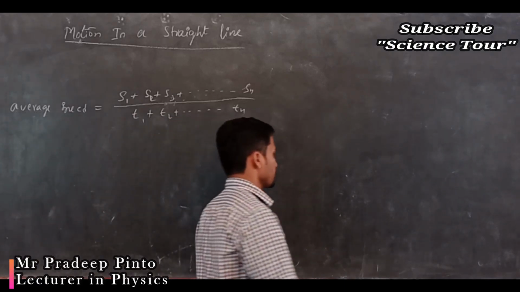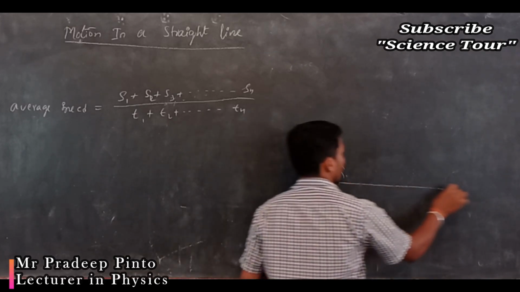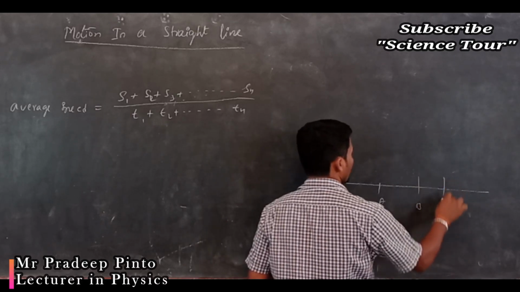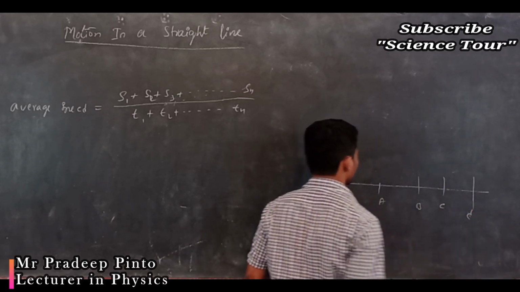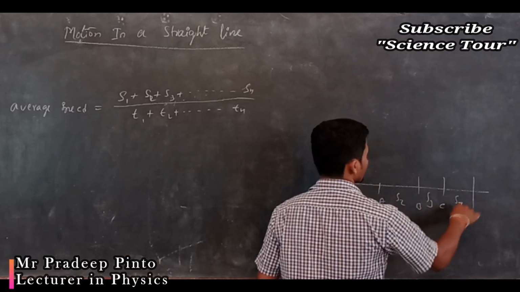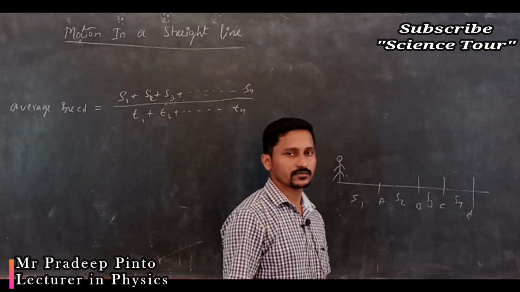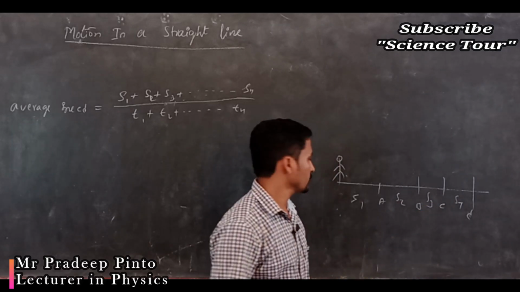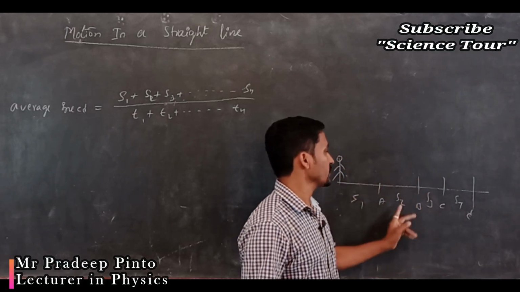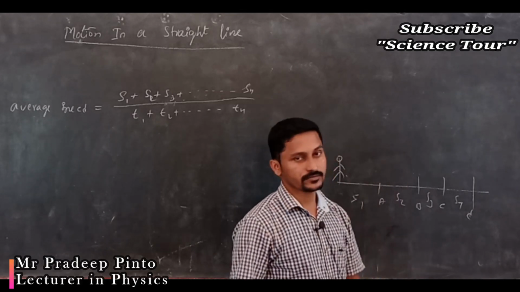Now say the person is here. This is point A, point B, point C, point D. This is distance S1, this is S2, this is S3, this is S4. They are not all equal; this may be 1 meter, this may be 2 meters.